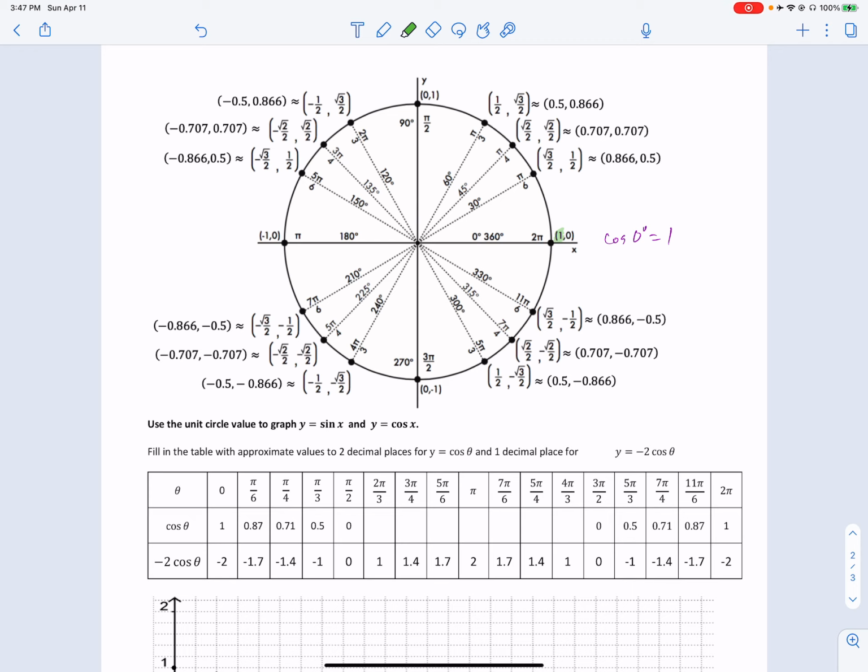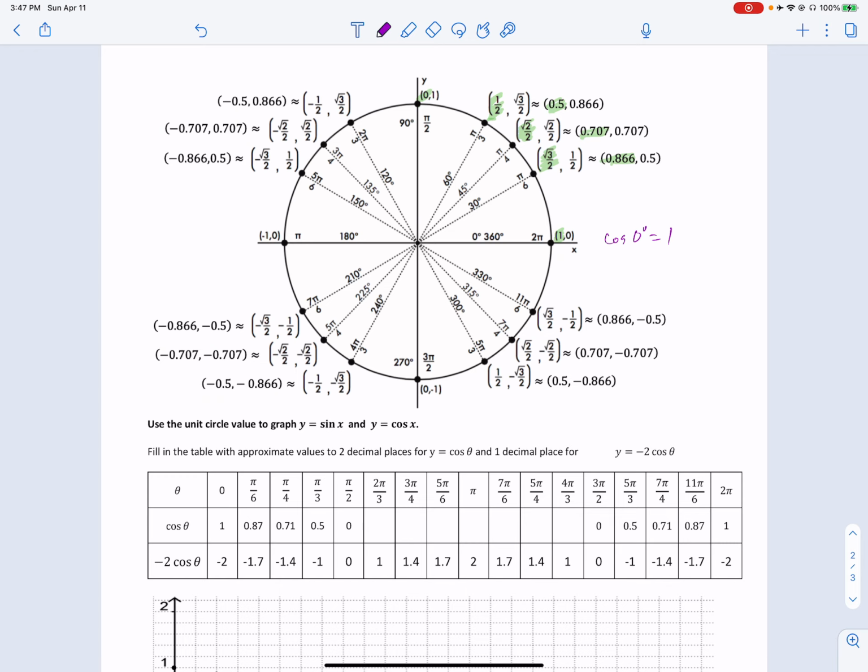And then cosine of pi 6 is root 3 over 2, or 0.866. Cosine of pi 4 is root 2 over 2, or 0.707. Cosine of 60 degrees, or pi thirds, is 0.5. You're using the x values. And then cosine of 90 degrees is 0.